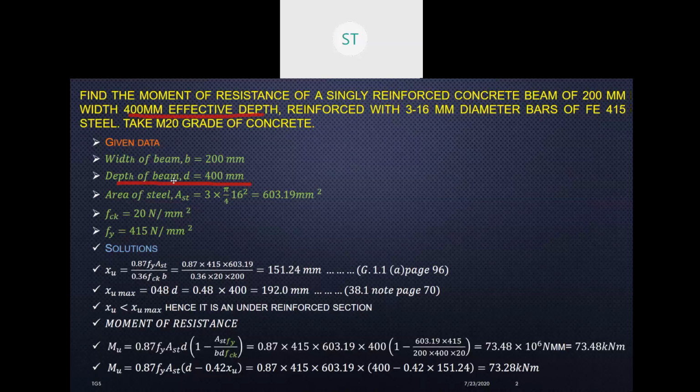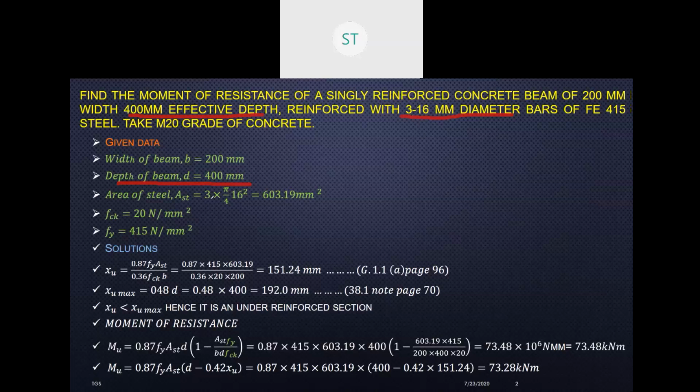So the effective depth small d is 400 millimeter, and area of steel is given as 3-16 mm diameter bars. So first find the area of one 16 mm diameter bar, multiplied by 3 numbers.